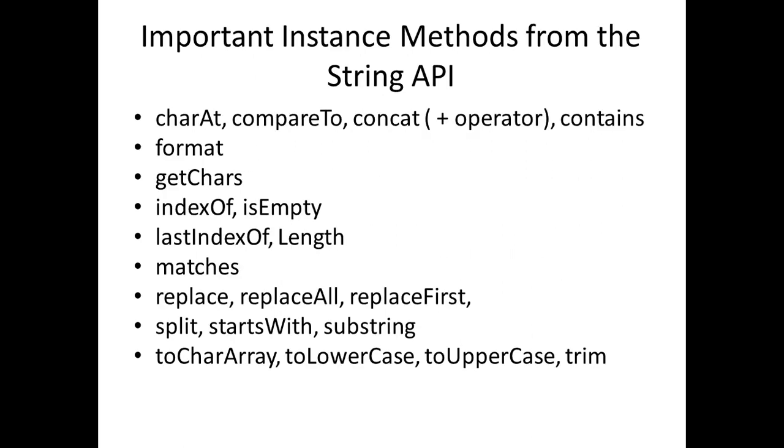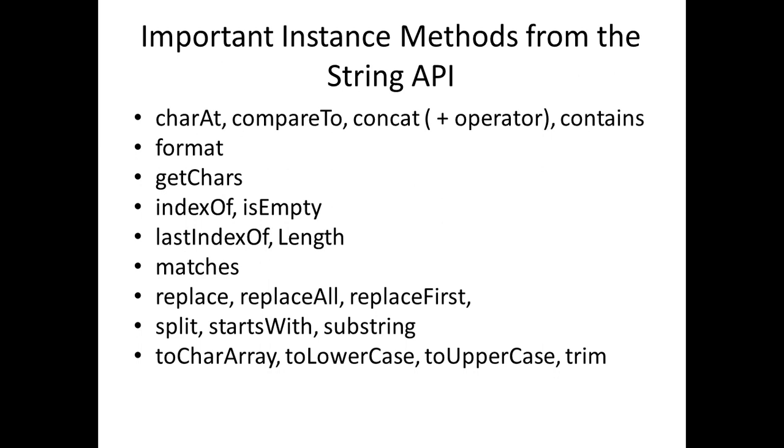These are some of the important instance methods from the String API. An instance method can be invoked on an instance of the String object. I have provided the important methods that you normally use. charAt gives you the character at a particular position in the string. compareTo compares two strings lexicographically, that means in dictionary order.